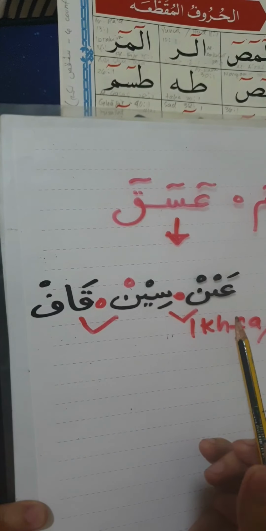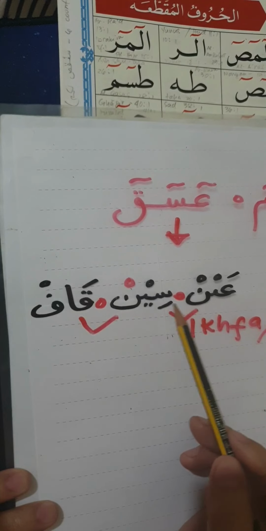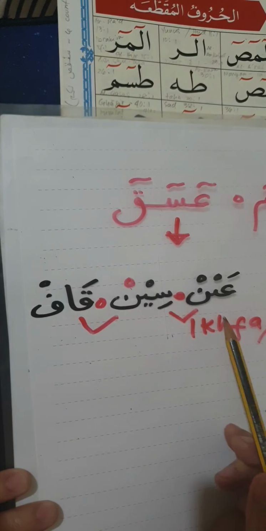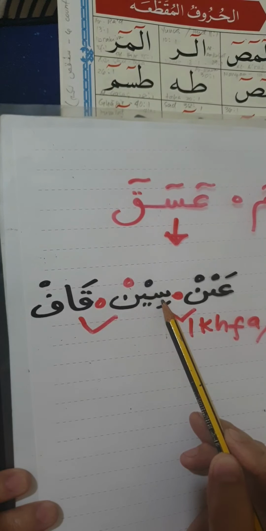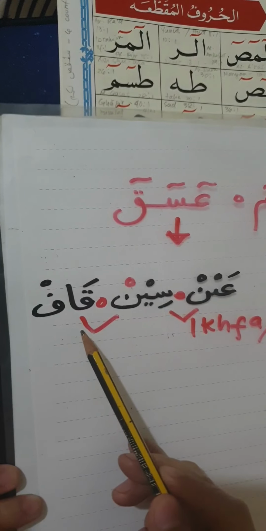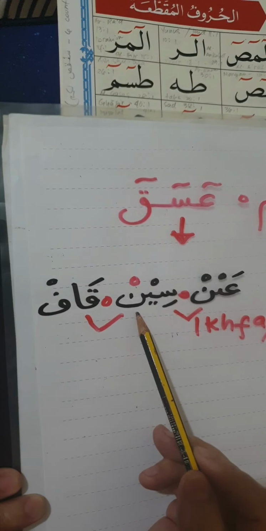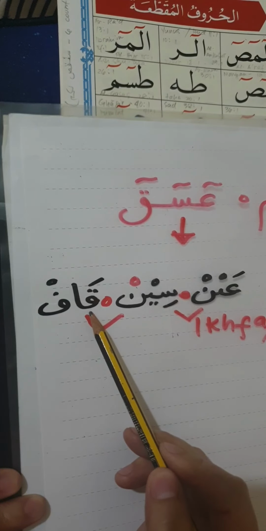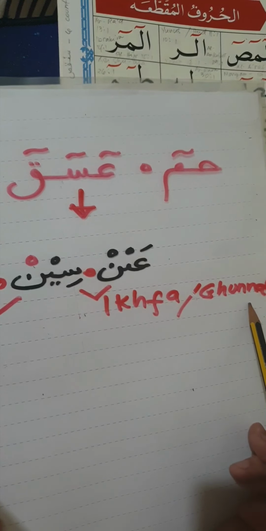So the ikhfa in the first group, between these 2 letters, is light because the sin is one of the light letters. So the second ikhfa in this word, between sin and the qaf, will be heavy because the qaf is one of the heavy letters. And remember, the ikhfa always has a gunna.